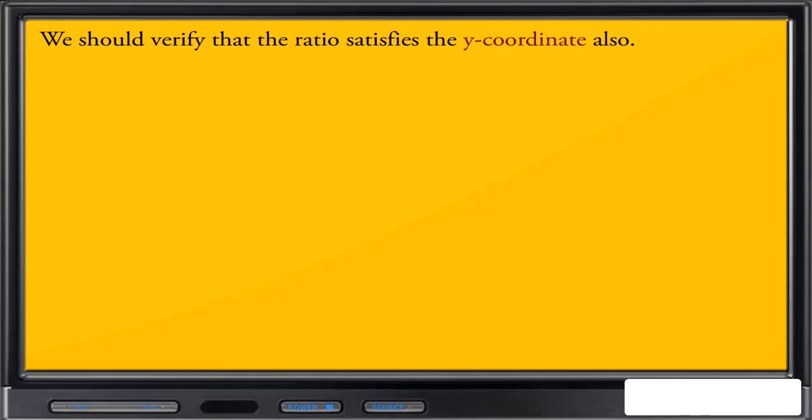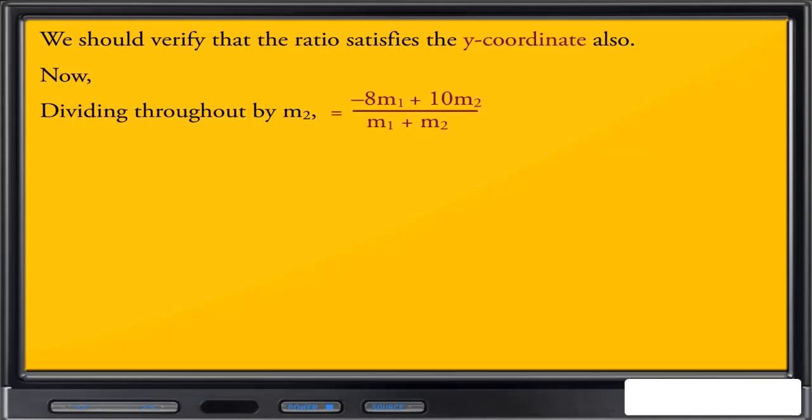We should verify that the ratio satisfies the y-coordinate also. Now, dividing throughout by m2, we get minus 8 into m1 plus 10 into m2 upon m1 plus m2 is equal to minus 8 into m1 upon m2 plus 10 upon m1 upon m2 plus 1.